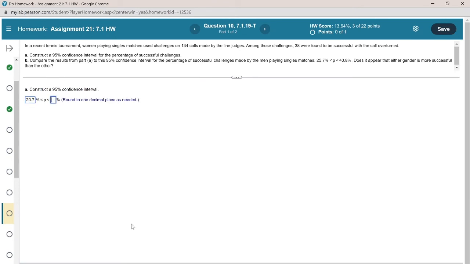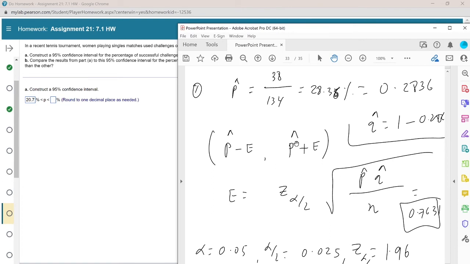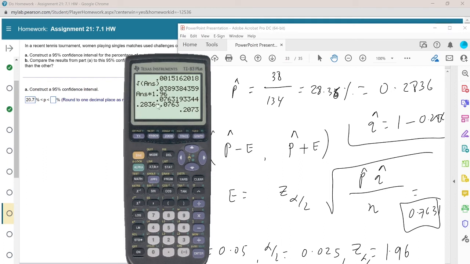By using the very same thing, we can find out the upper bound, but you need to add p hat with the margin of error. So let's go back here. Our margin of error is 0.0763, so 0.0763 plus p hat, which is 0.2836. Just add them. It will give you 0.3599.